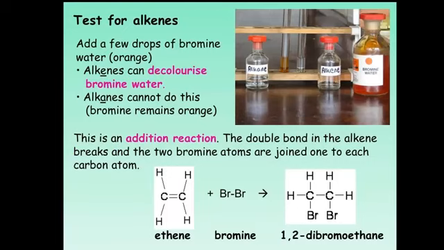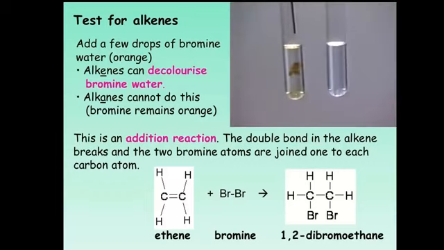There is a simple test that allows us to distinguish between an alkane and an alkene. Imagine that there are 2 bottles, one contains an alkene, one contains an alkane. The labels have been removed. All we must do is add a small amount of bromine water to each sample. The bromine water, which is orange in colour, will remain orange with the alkane, however, will be decolorized with the alkene.